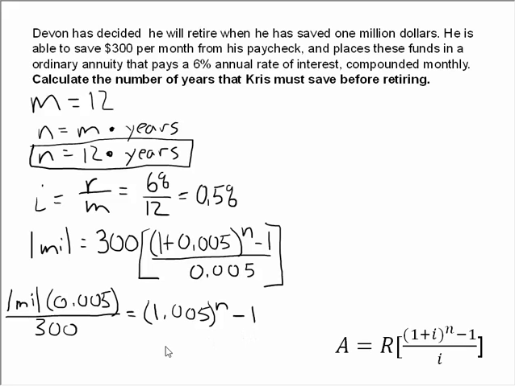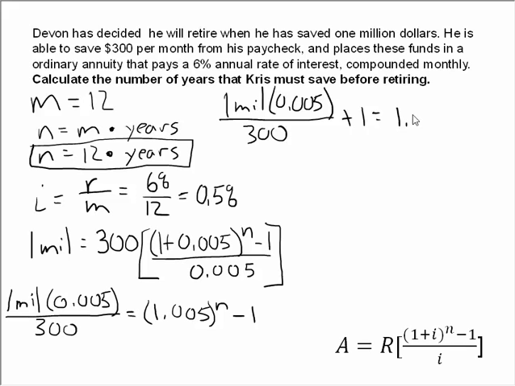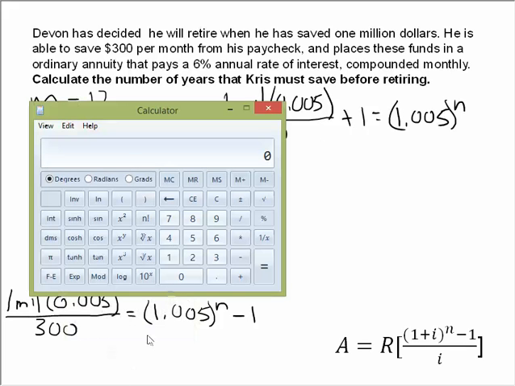And now I'm going to add 1 to each side. So 1 million times 0.005 divided by 300 plus 1 is equal to, what's left? 1.005 raised to the n power. Now I'm going to do some math and calculate what this value on the left-hand side is.